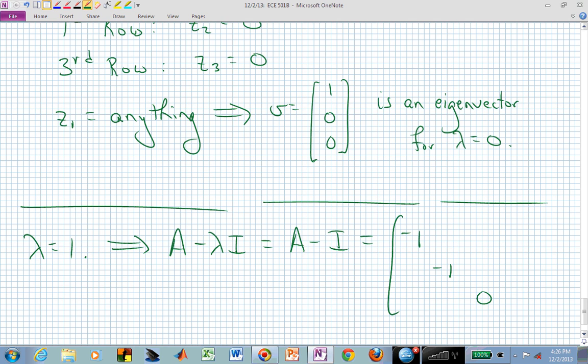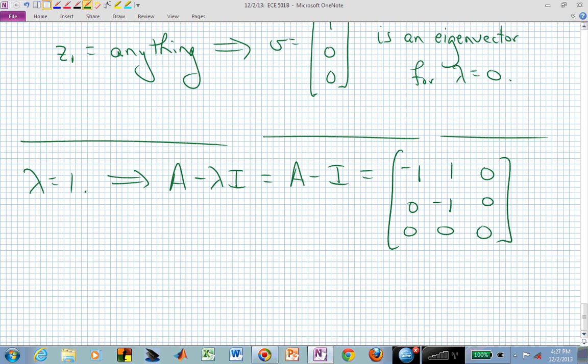It's going to annihilate the third diagonal entry. It's not going to touch that off-diagonal entry or any of the others. And we end up with a matrix that looks like minus 1, 1, 0 in the first row, 0, minus 1, 0 in the second.